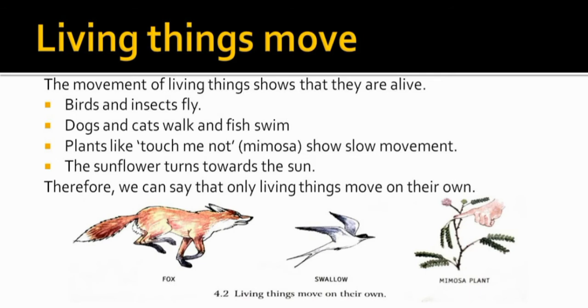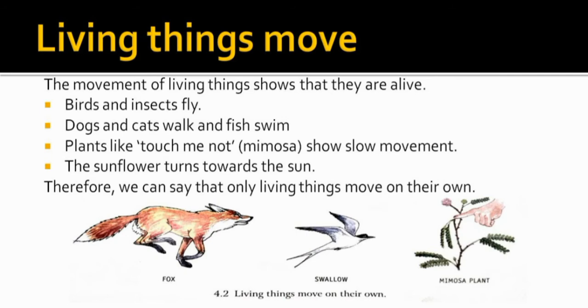Living things move. The movement of living things shows that they are alive, as birds and insects can fly, dogs and cats walk, fish swim. Plants like touch-me-not, as you can see in the figure, also called the mimosa plant, show slow movement when you touch it.